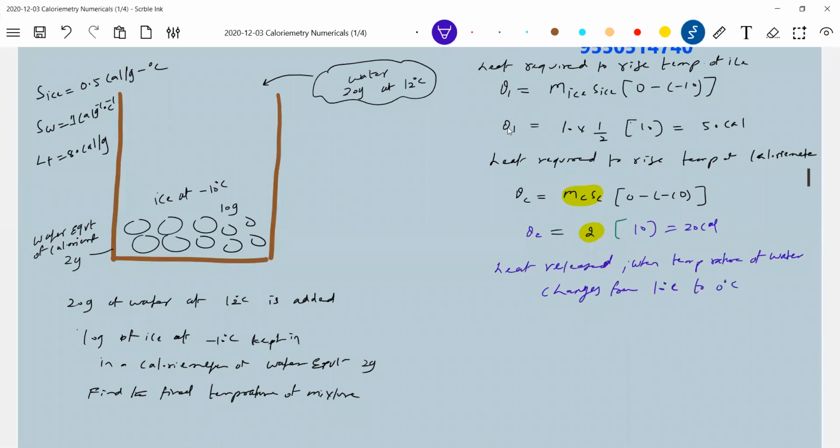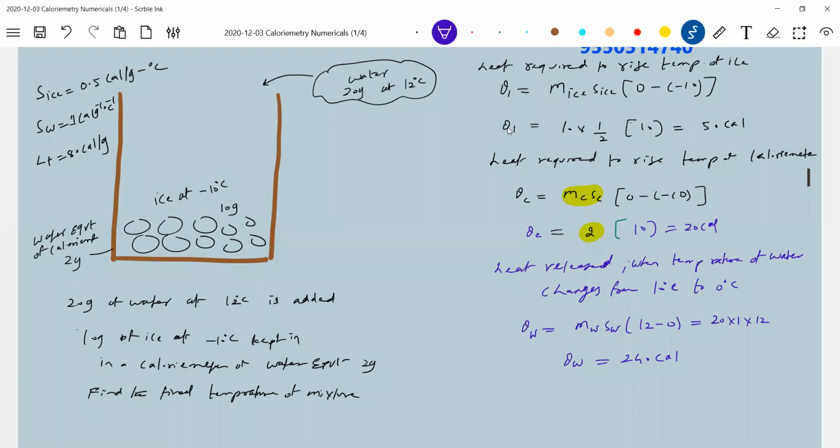Let's assume. So how much heat is released? I'll call this Q naught or QW. So what is QW? Mass of water, specific heat of water, 12 minus 0. Mass of water 20. So 20 into 1 into 12. 240 calories is available. Tell me what will happen here.